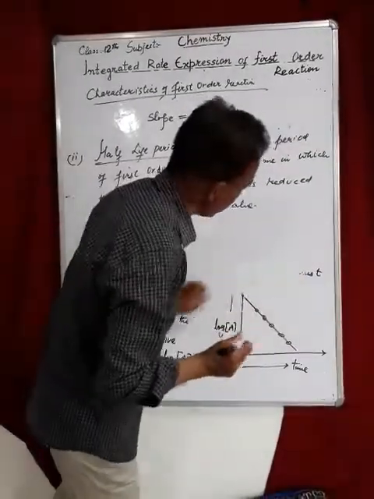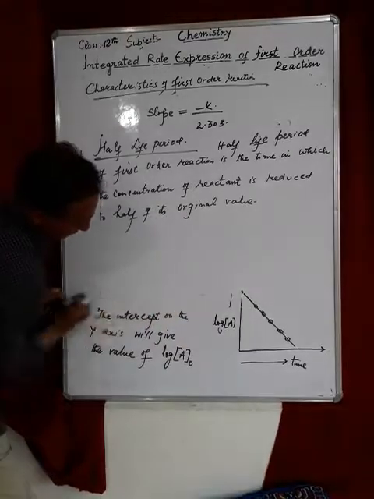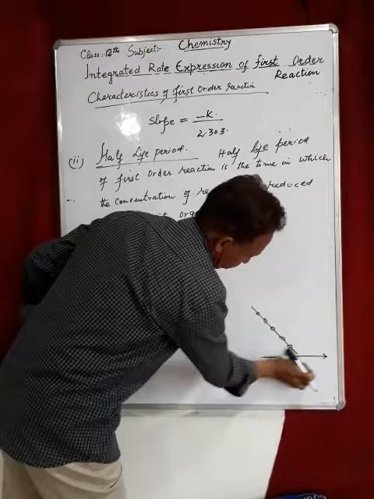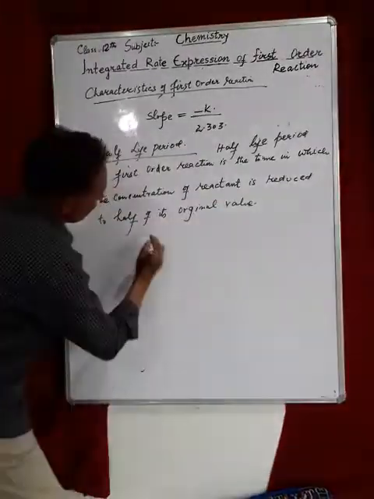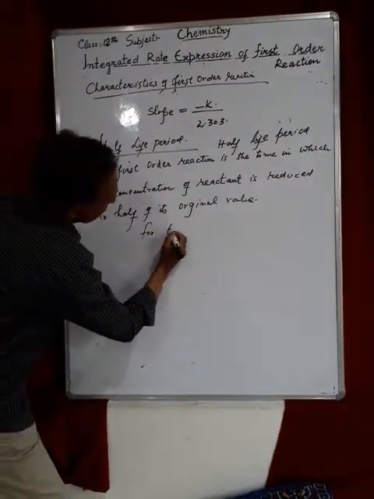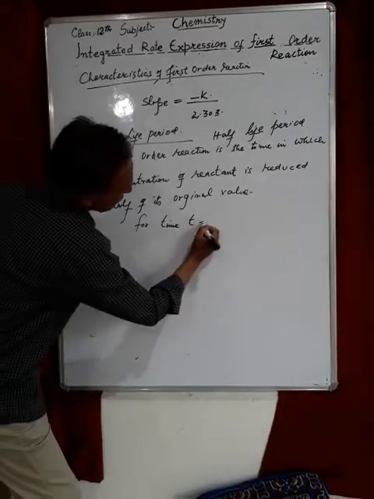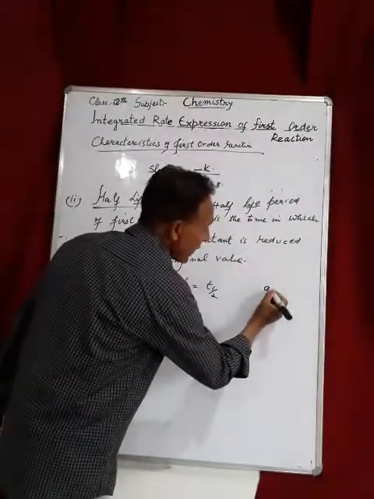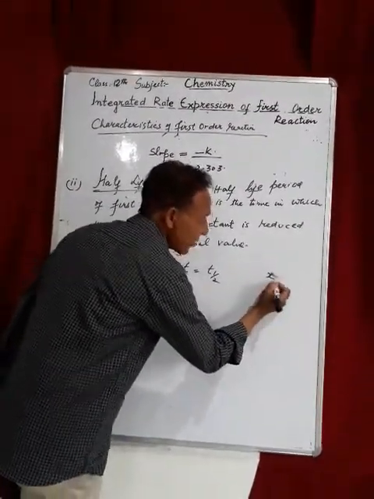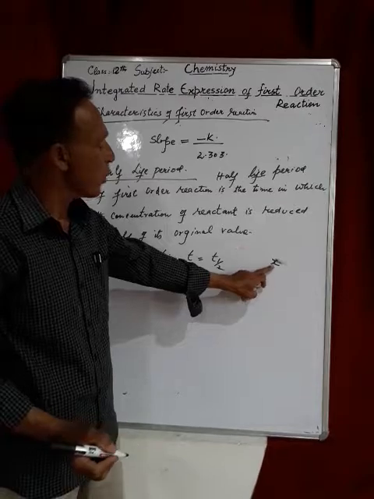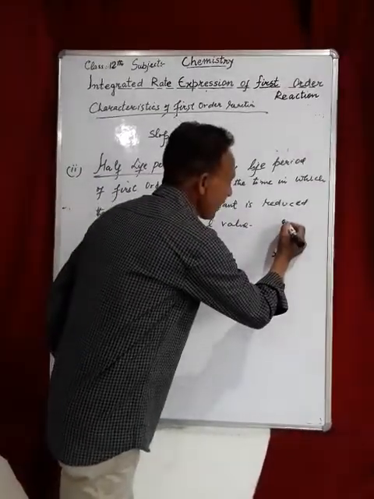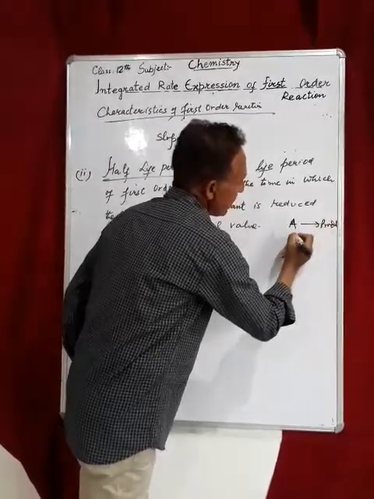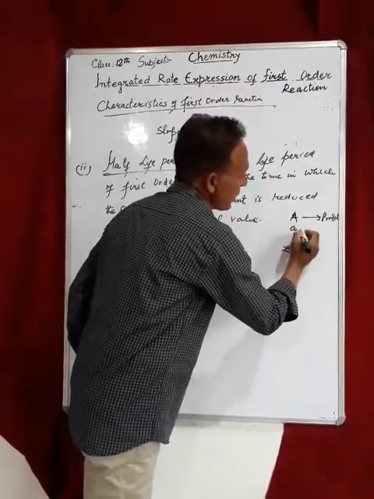So for time t equal to t half, how much is the concentration of A left? Let x be the concentration of the substance A that has decomposed. Initial concentration of A is a moles per liter.